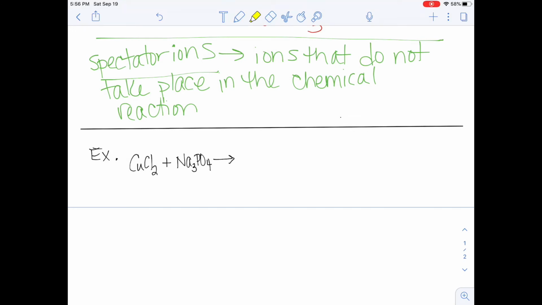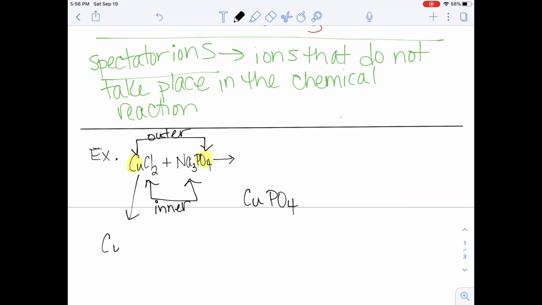So we know it either has copper in it or sodium in it because it needs a positive ion, and it either has chlorine or phosphate. So if we remember, our outers go together in a double replacement reaction, and our inner substances, and this time chlorine and sodium, will go together. So let's look at the first one. We said copper and phosphate will form a substance. Now, to figure out what charge copper was, we have to look at chlorine here.